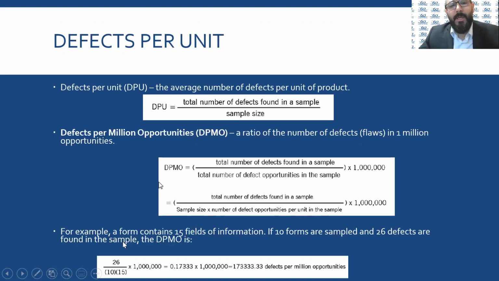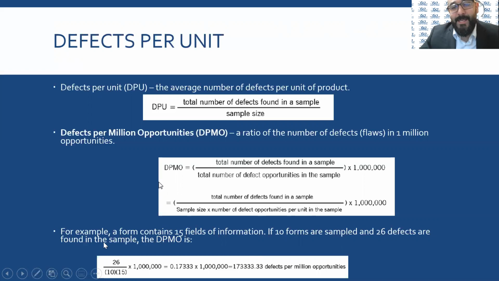Here's an example to clarify these concepts. A form contains 15 fields of information. If 10 forms are sampled and 26 defects are found in the sample, the DPMO is equal to 26, the total defects, divided by the sample size.